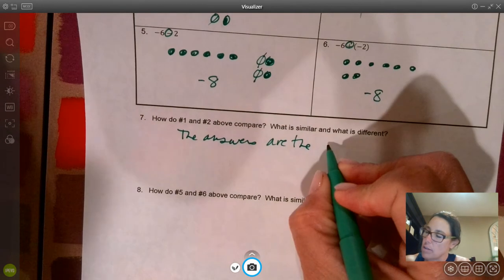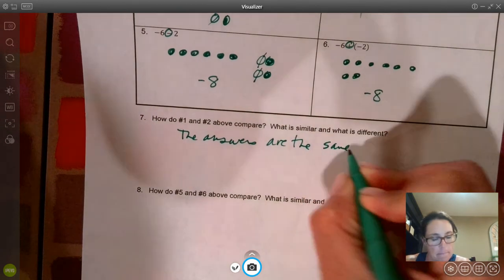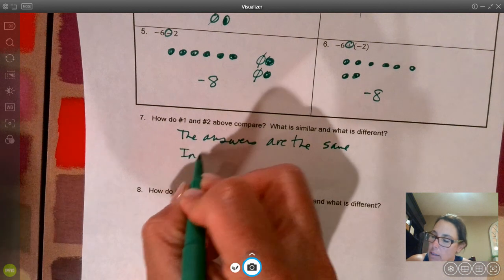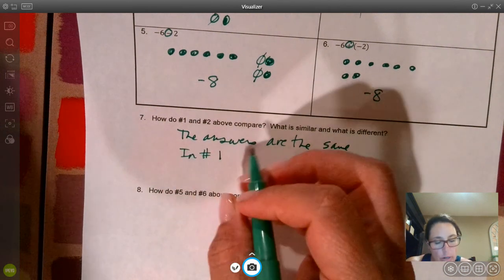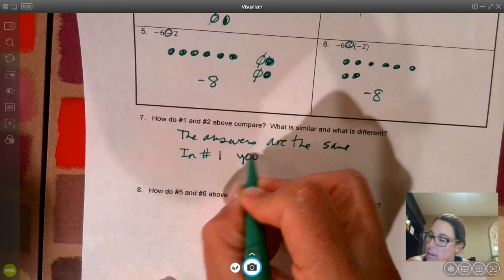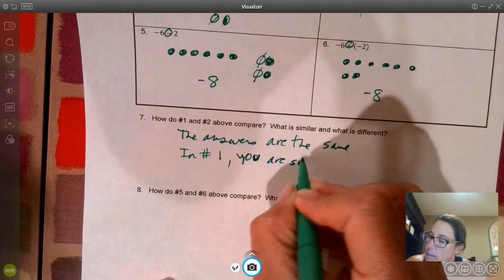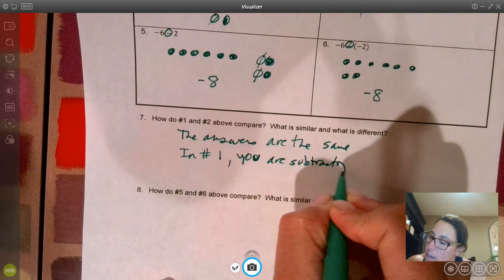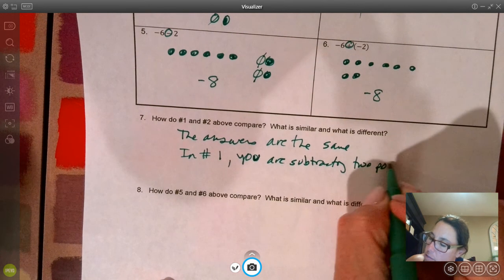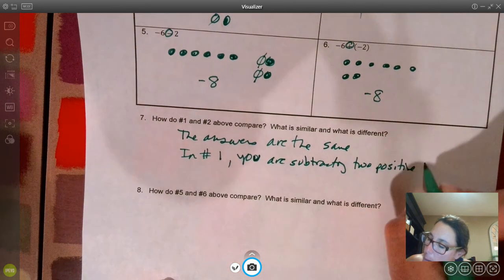The answers are the same. In number 1, you are subtracting 2 positive numbers.